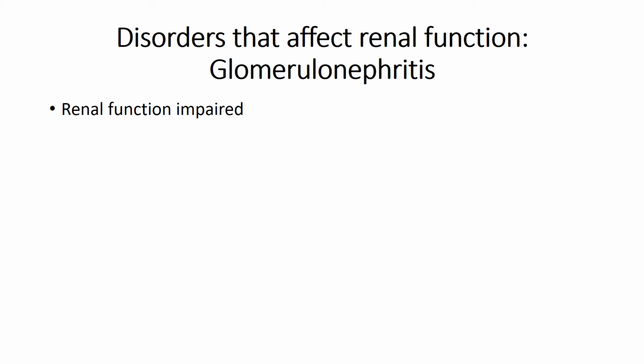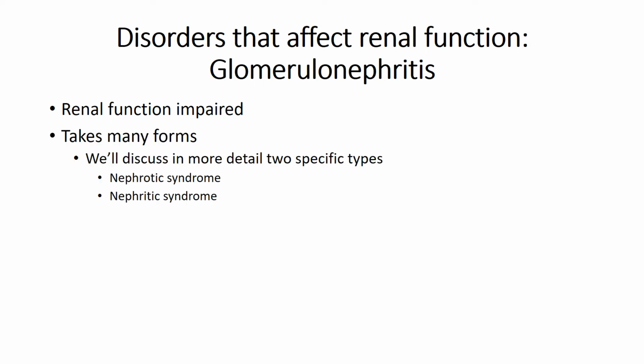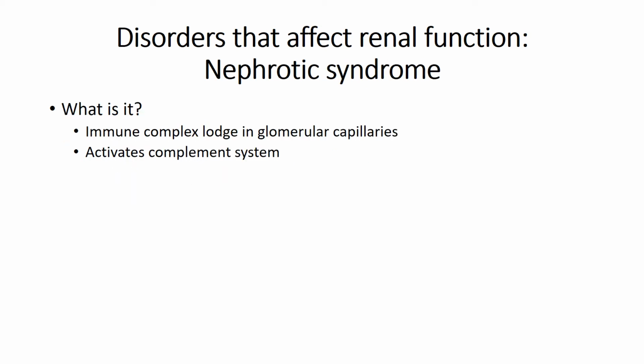So what we see here is that renal function is going to be impaired in all glomerular nephritis, but it may take the form of multiple types, either nephrotic syndrome or nephritic syndrome, which we will discuss the differences between. Nephrotic syndrome is going to really be initiated by autoimmune disorders primarily.